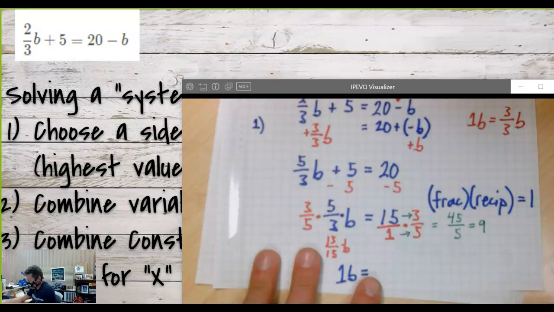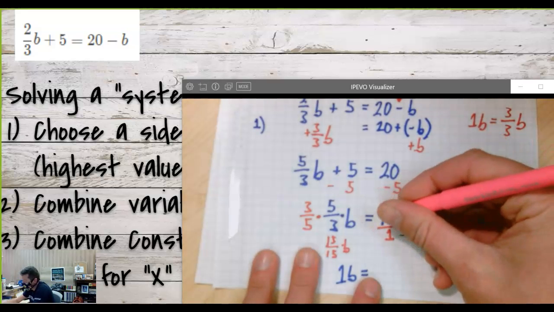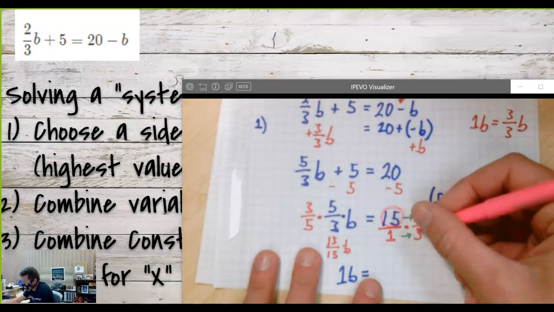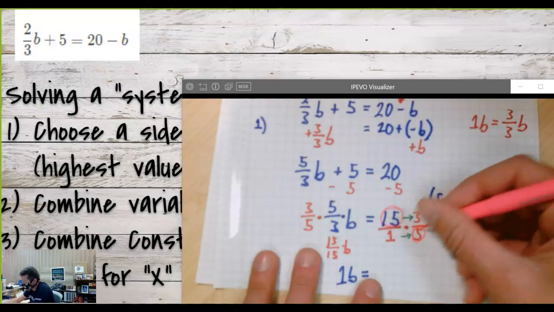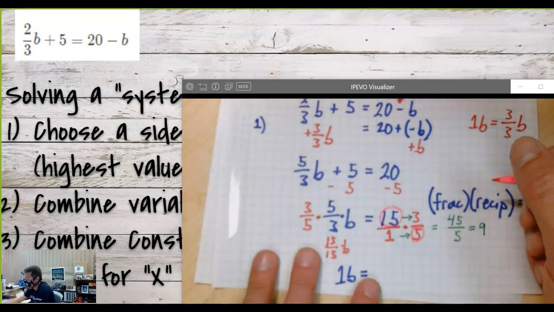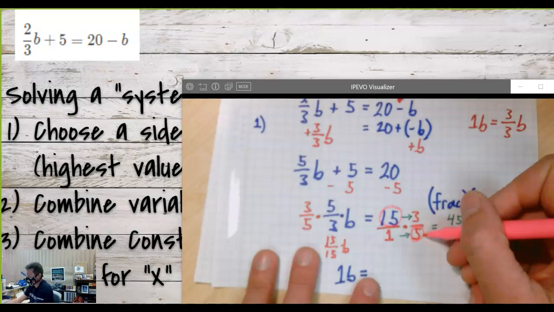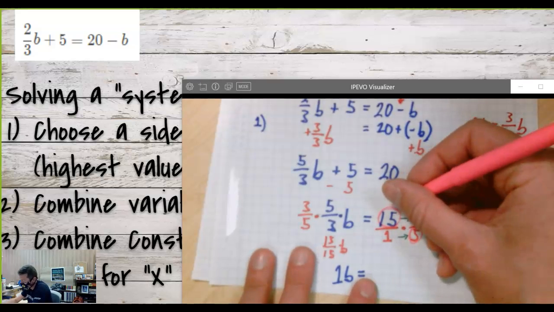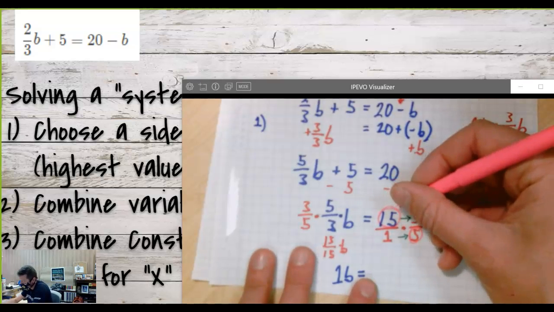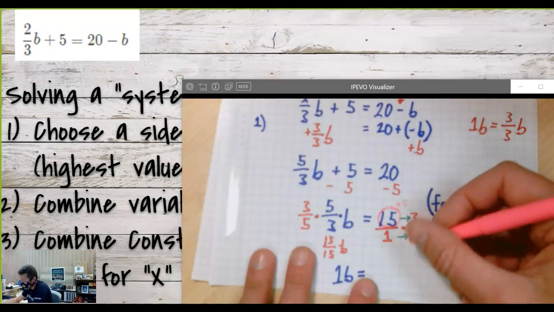In pink, I'm going to show cross-reducing. To cross-reduce, and guys, I call it top-bottom reducing, if on top and on bottom we can divide by the same thing, we can do it at any point. So right now, I could divide by 5 on bottom, and I could divide by 5 on top. Sorry, that's a division symbol. Divide by 5.